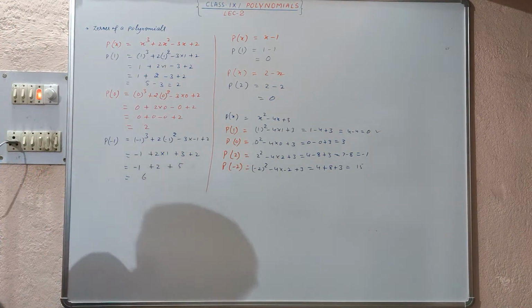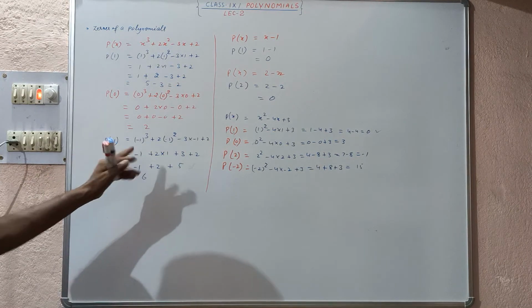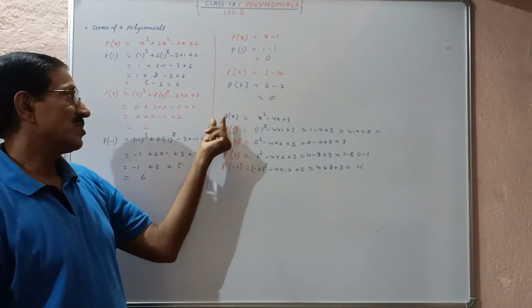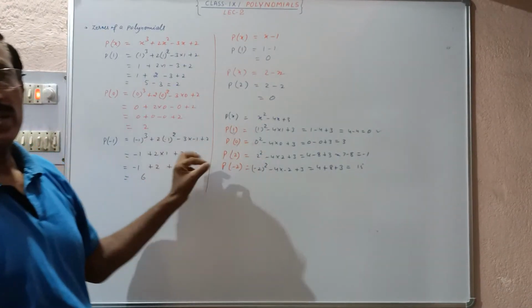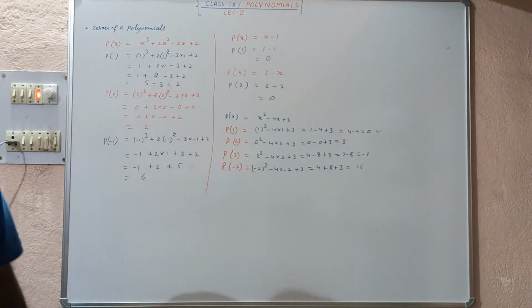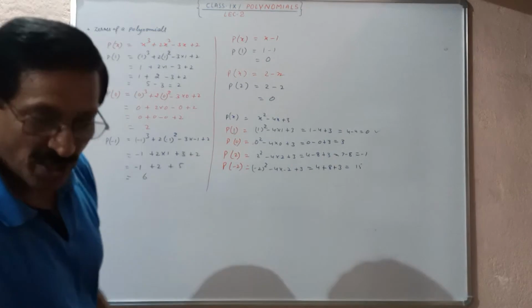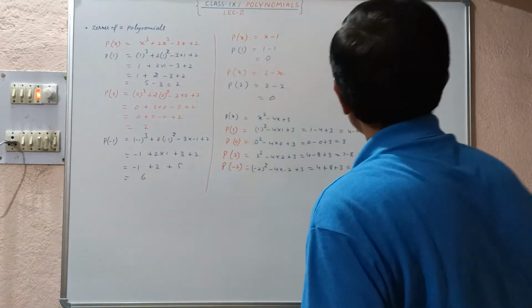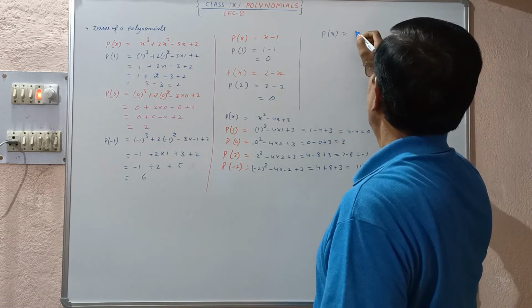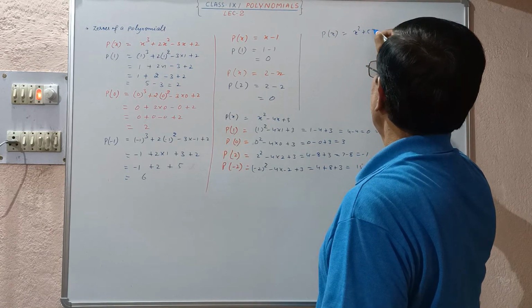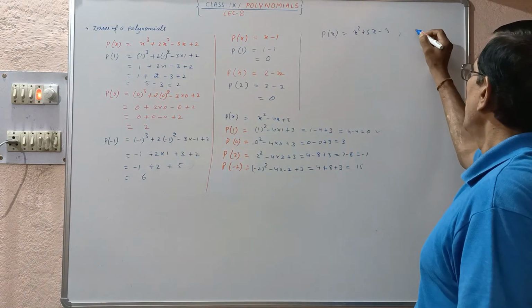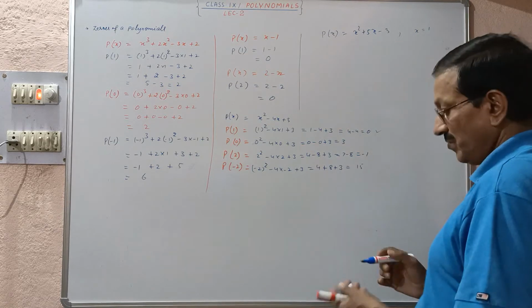In this way we find the value of p(x), that means the value of any polynomial at any value of x. Now I want to check: suppose there is a polynomial p(x) equal to x squared plus 5x minus 3, and I want to check x equal to 1.